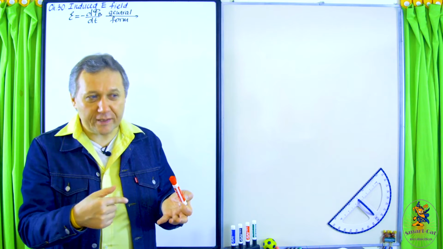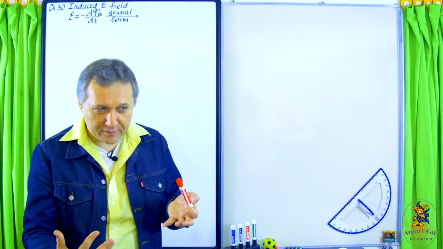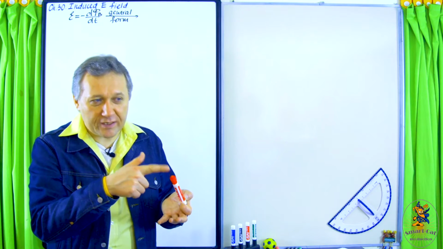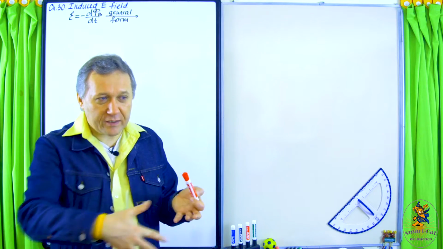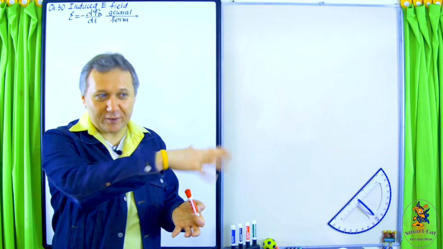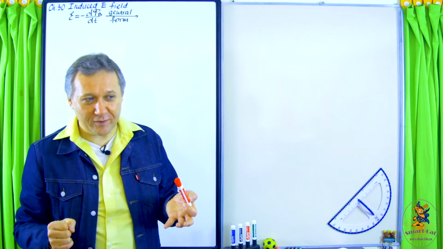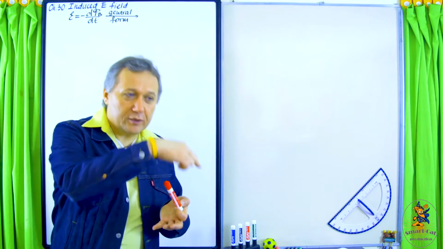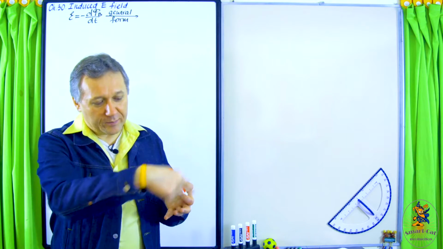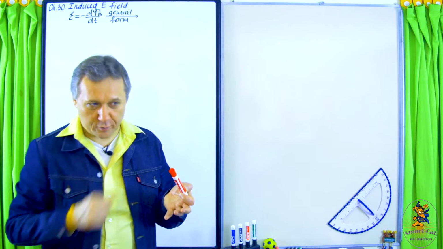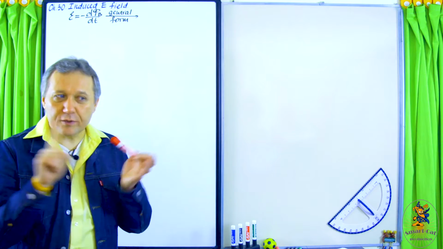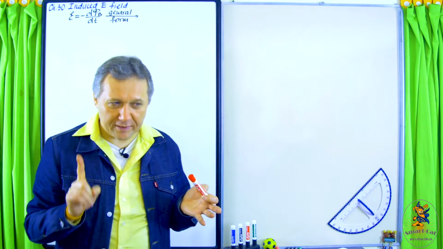This induced electric field is produced by the changing-in-time magnetic field. The magnetic field is still here, this space is filled with magnetic field, and that changing magnetic field produces the induced electric field, with field lines that are circles. So the presence of the loop is not needed to produce the electric field.